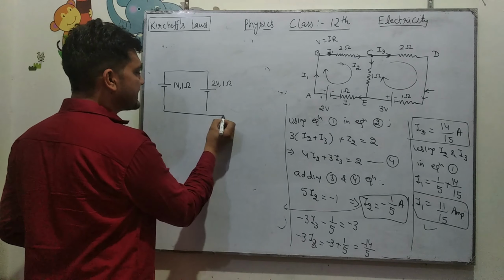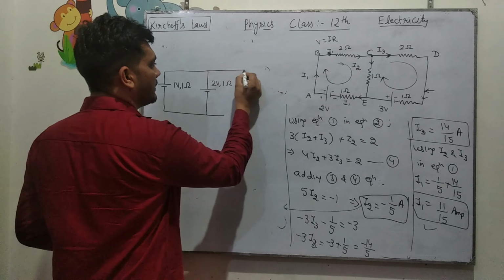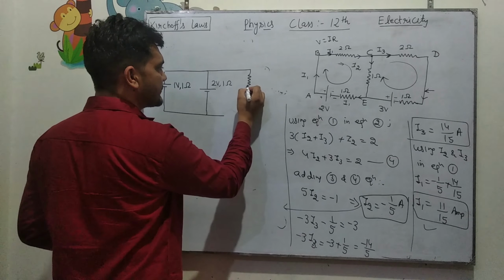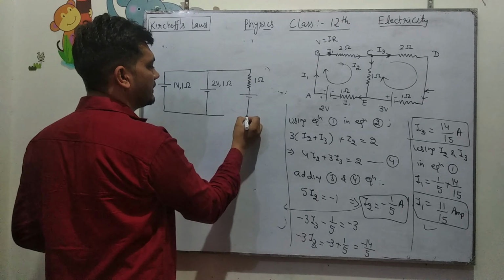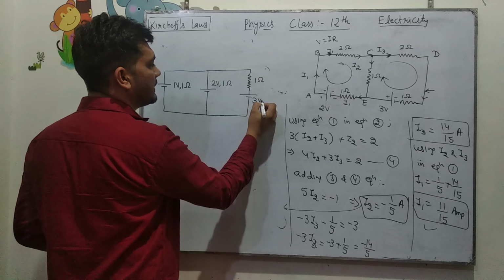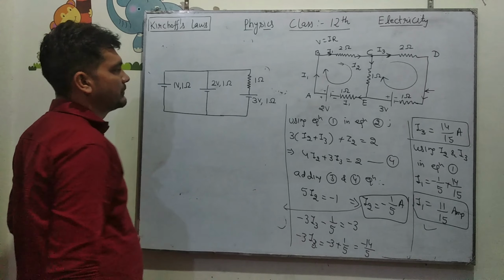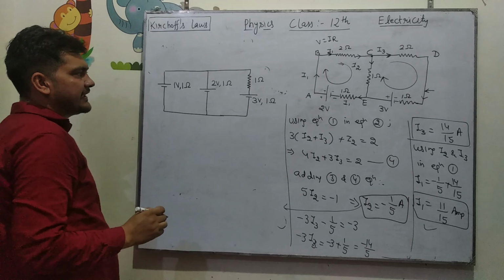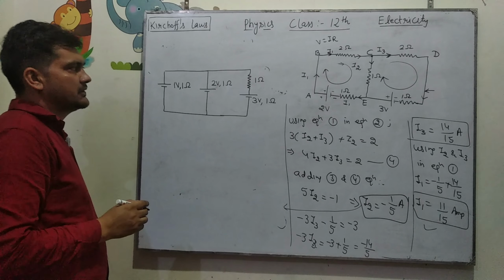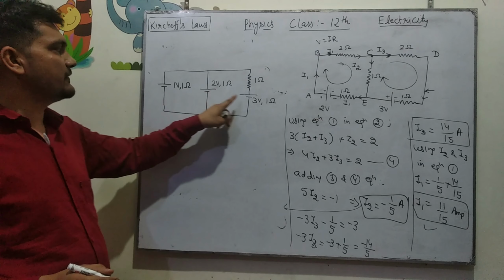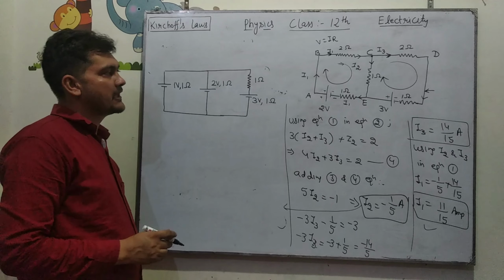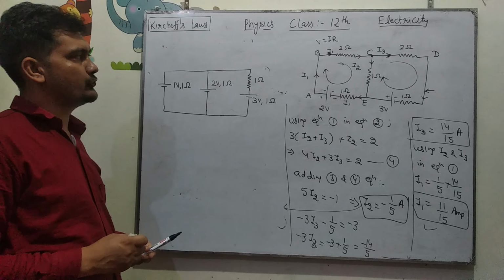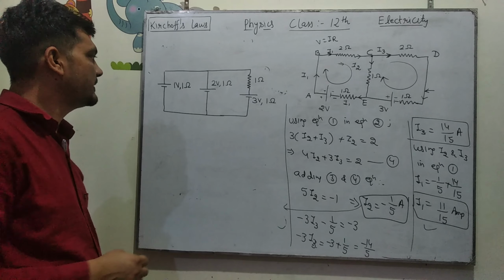You connected these two cells with an external resistance of 1 ohm and a battery of EMF 3 volt and internal resistance 1 ohm. So you tell me what are the values of currents in these branches. Solve this circuit. So this is a question for you. You solve this and tell me the answer in the comment box.